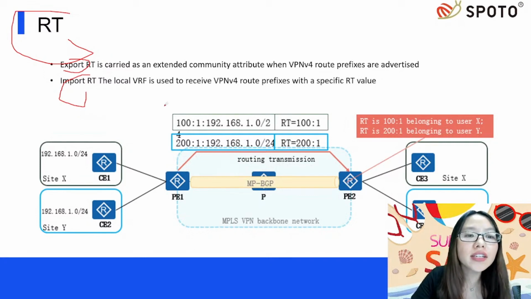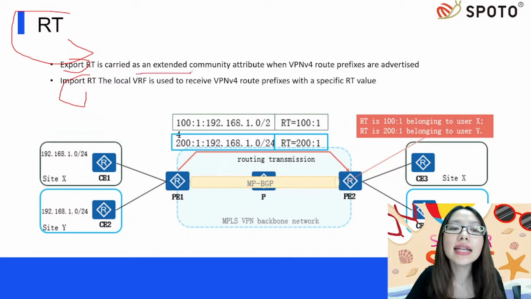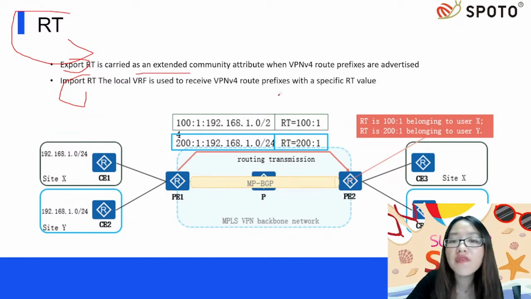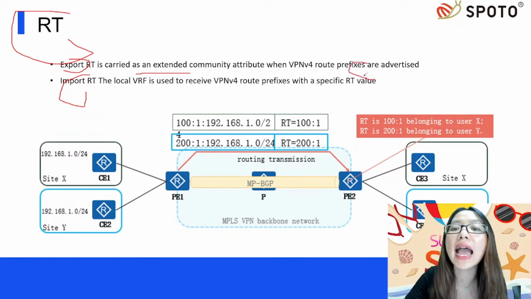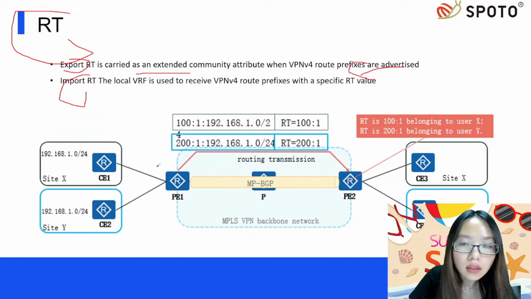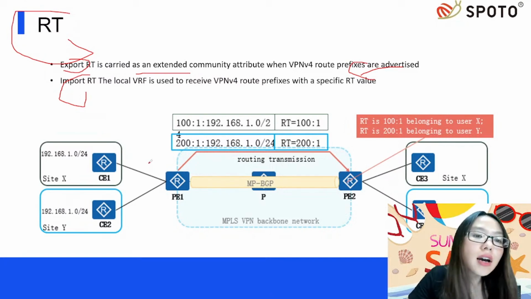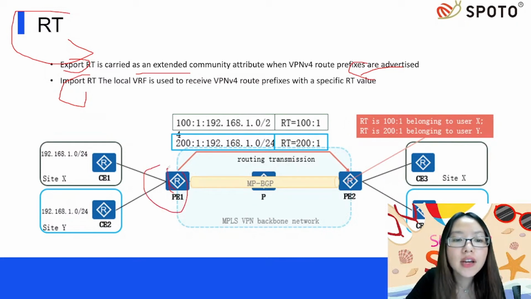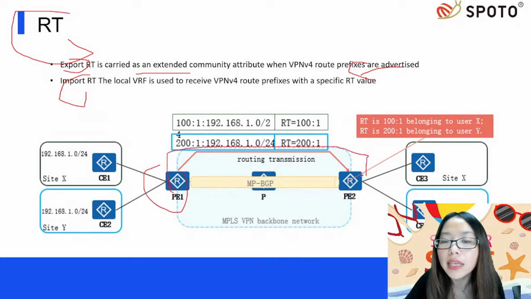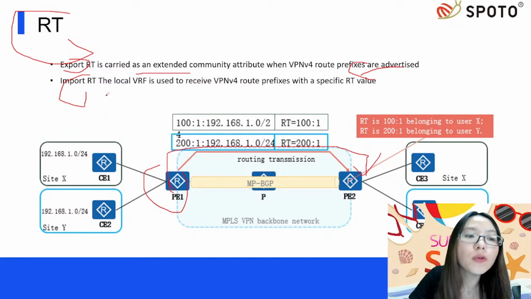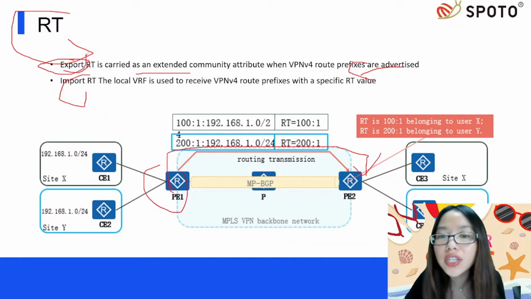The export RT is carried as an extended community attribute when VPN v4 route prefixes are advertised. So if the PE wants to transfer the route to the ingress, it will carry the export RT.